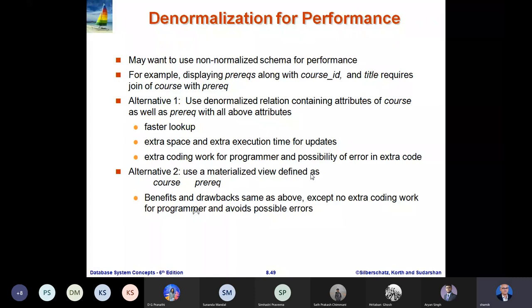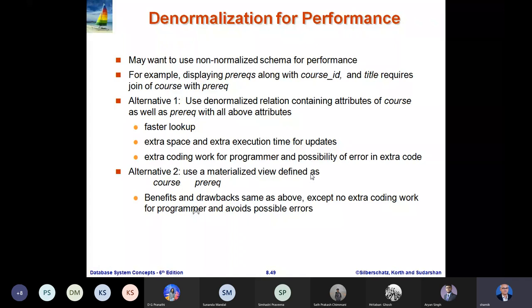That is what you will achieve in a data warehouse, which will be our next topic next week, and that is when you go for selective denormalization.